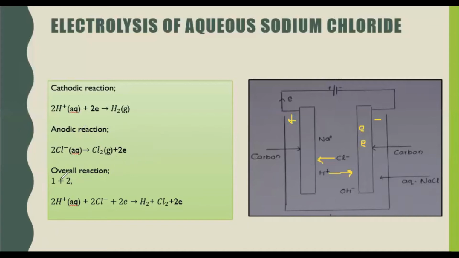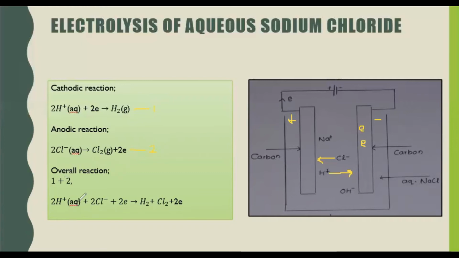So here we have to find the overall reaction. Now here we don't have that problem. Here also 2 electrons, here also 2 electrons. So we can straight away mark this as the first equation and mark this as the second equation, and then add 1 and 2.